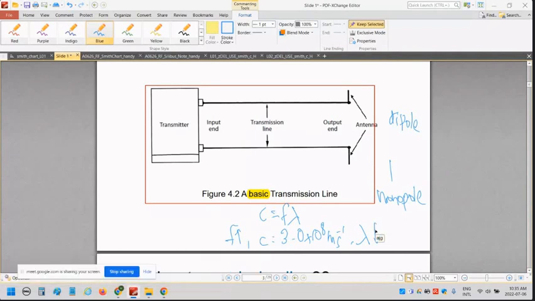All your smartphones, as I already told you, have an embedded antenna.